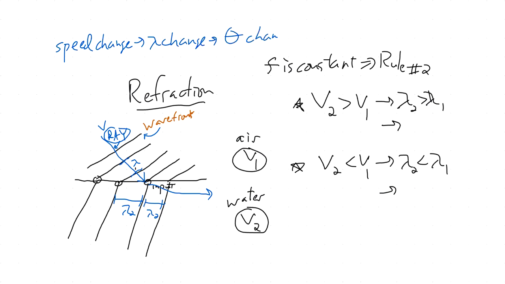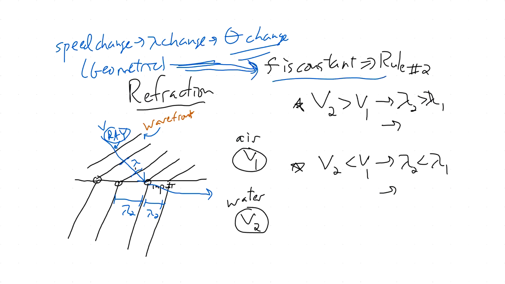Now we have to be very, very careful. This is all geometric, and it comes from rule number 2. So this is a geometric alignment coming from the fact that frequency is constant. The first medium is the input to the second medium, is the logic here, which you guys hopefully already are comfortable with and know.